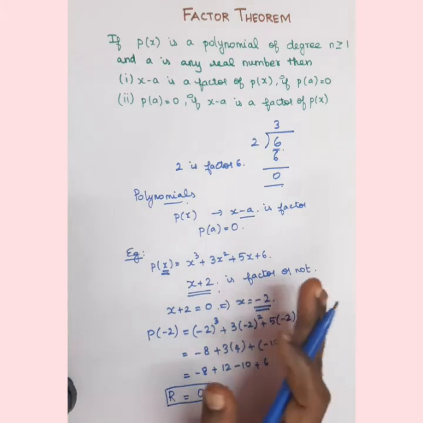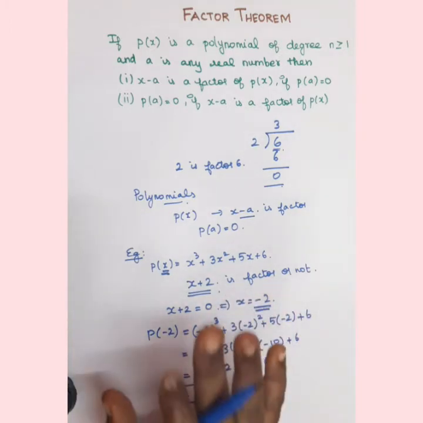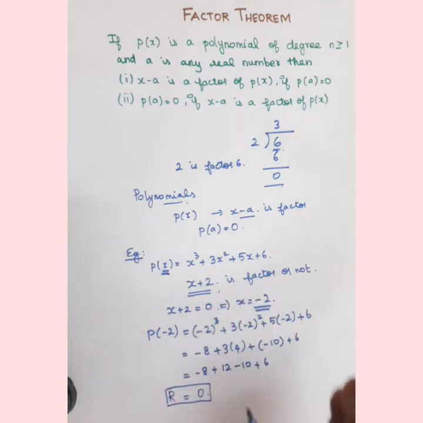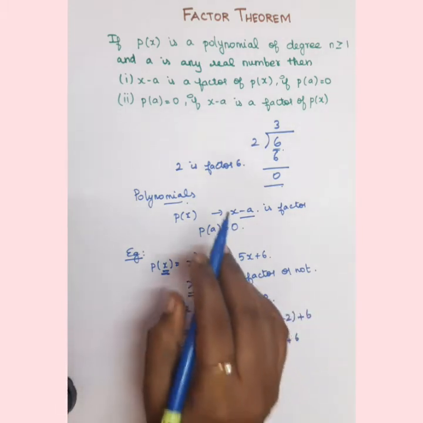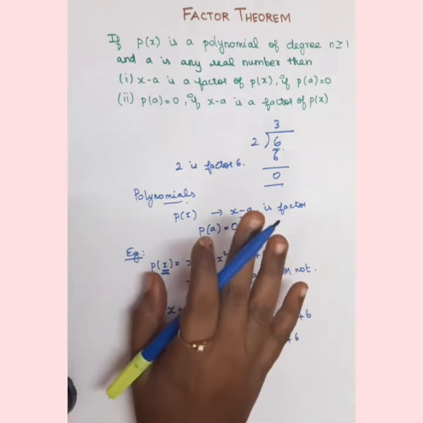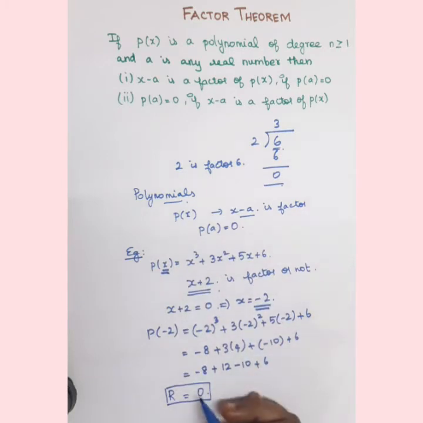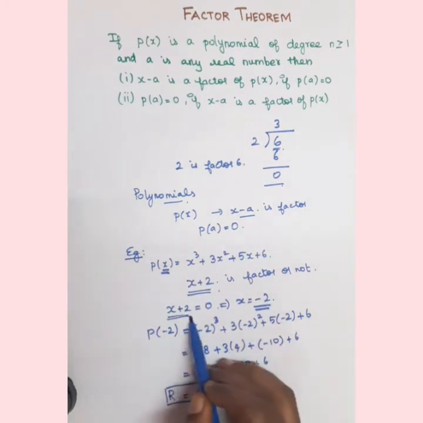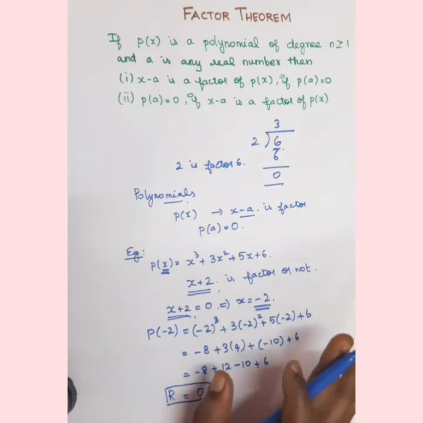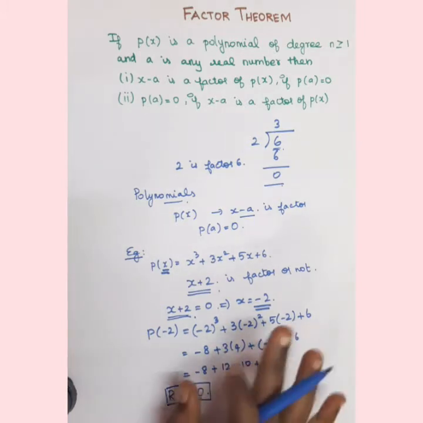So first understand the factor theorem and the remainder theorem. Don't get confused. To get the remainder, you use the remainder theorem, and if the remainder is 0, then the divisor is a factor of p of x. This is the factor theorem.